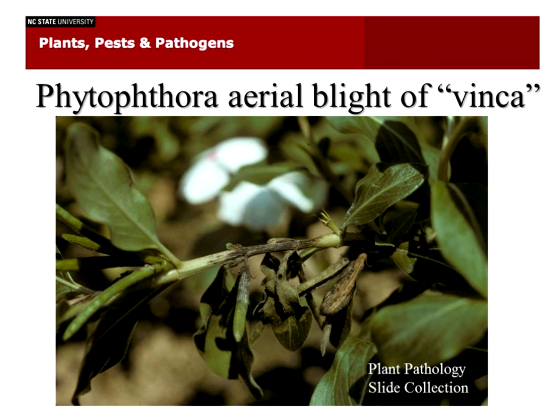Here's another photograph from our slide collection, from an earlier stage of the injury. You can see how it attacks the stem, causing a darkened, slightly sunken area of what we call necrosis, or dead tissue, and then this leads to the leaves also decaying.